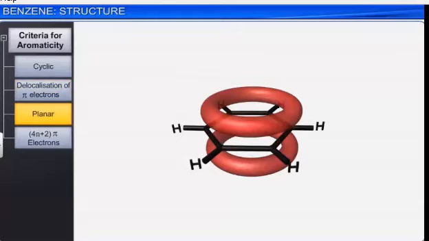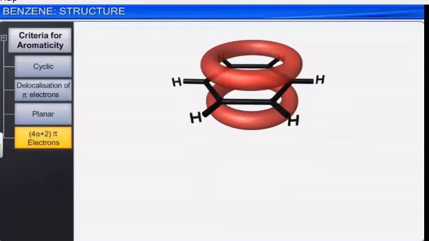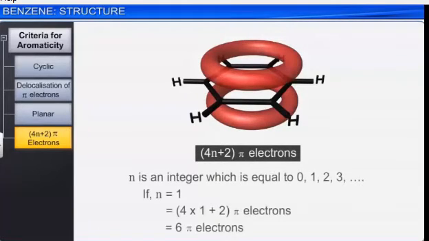Now, let us look at another essential property. For aromaticity, a cyclic compound must contain a total of 4n plus 2 pi electrons, where n is an integer, which can be equal to 0, 1, 2, 3, and so on.